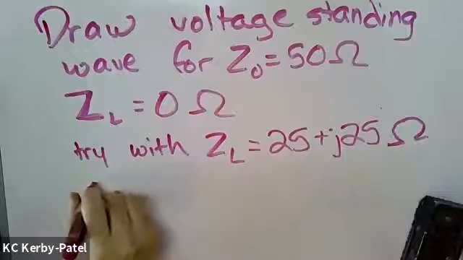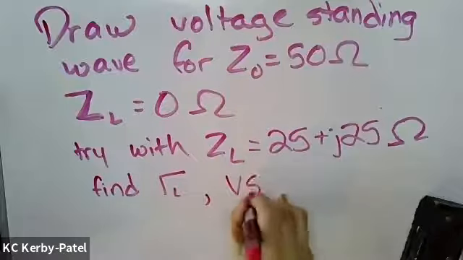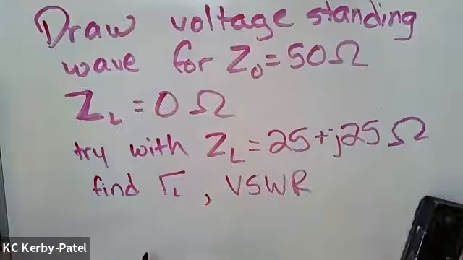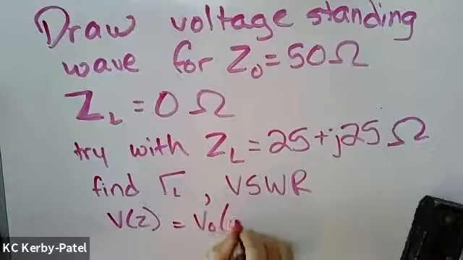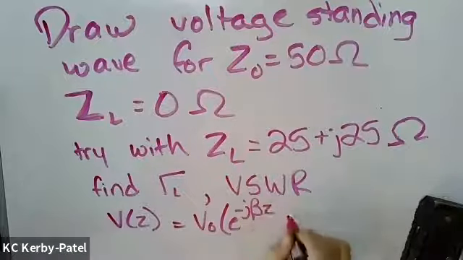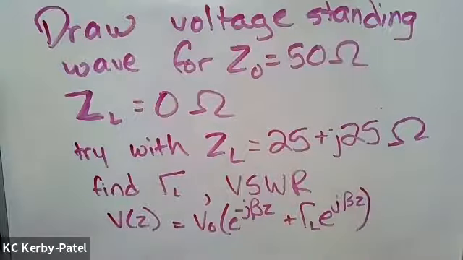In both of these cases, you should start by finding the load reflection coefficient and the voltage standing wave ratio, and then you can use this equation to figure out what the phase is, or where you are on the voltage standing wave: maximum, minimum, neither, kind of in the middle, at the load, and then sort of draw the shape of the standing wave from there.